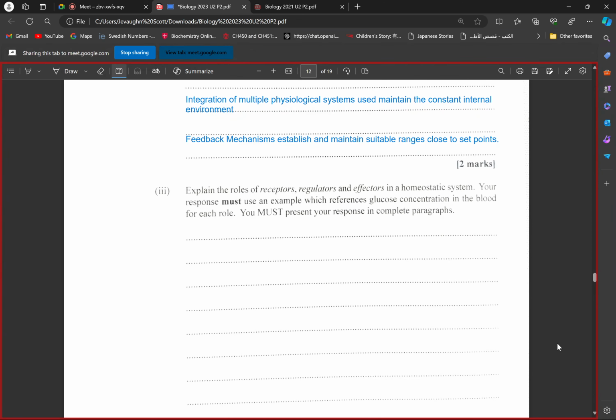So, once we understand the concept of receptor, regulator, and effector, all we have to do is tie it to a response. If they brought this now and asked for the osmoregulatory response, what would be the receptor? The kidney?